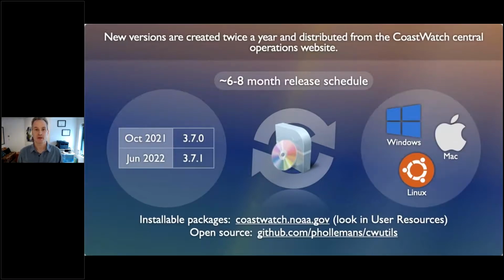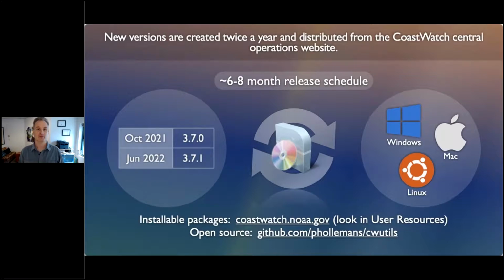And there are installable packages for Linux, Windows, and Mac that automatically install everything you need, including the command line tools if needed. And packages are available from the coastwatch.noaa.gov central operations website. It's also open source on GitHub.